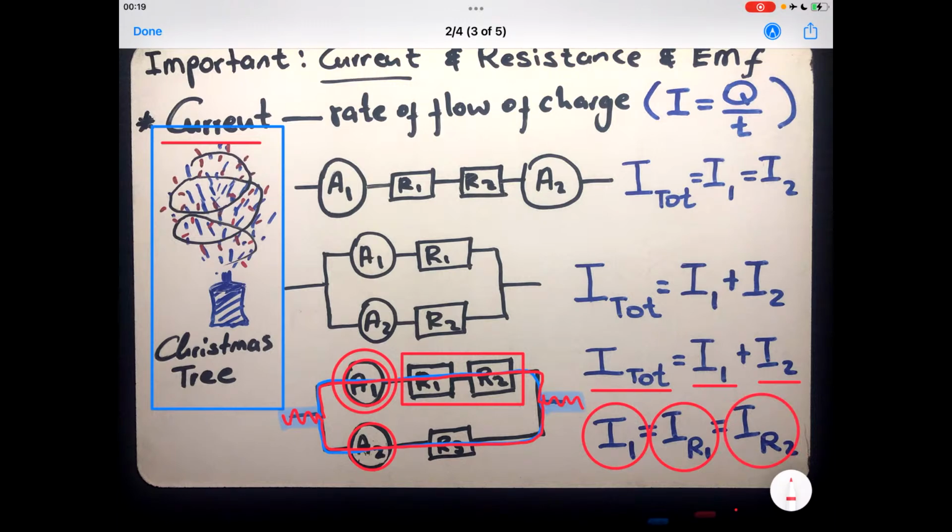It is as easy as that. Do not complicate it that much. Just always remember that in this case we are talking about the current which is measured in amperes.